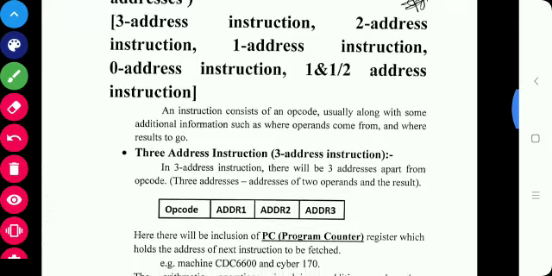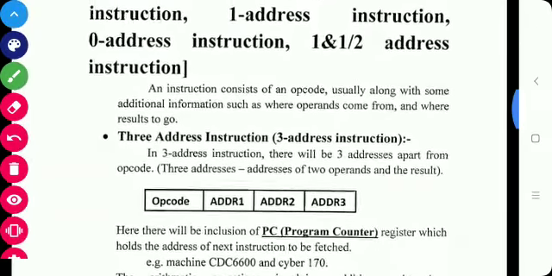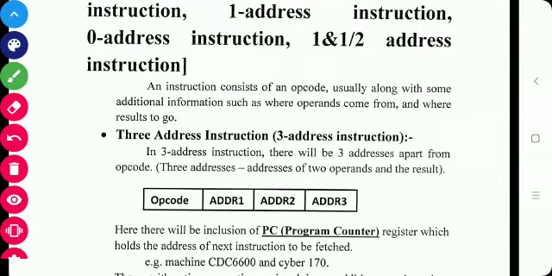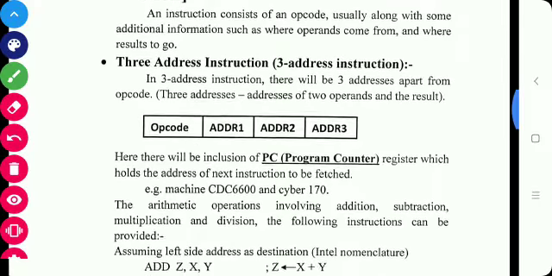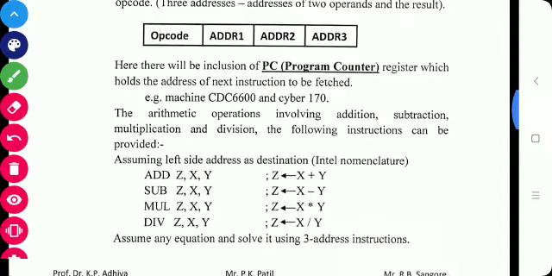First is 3 address instructions, in which there are 3 addresses apart from the opcode. So the syntax is opcode, address 1, address 2 and address 3. So the example of this 3 address instruction is like this: add z, x, y. So this instruction is having 3 addresses: z, x, y.